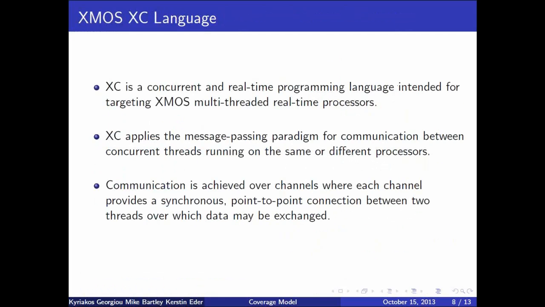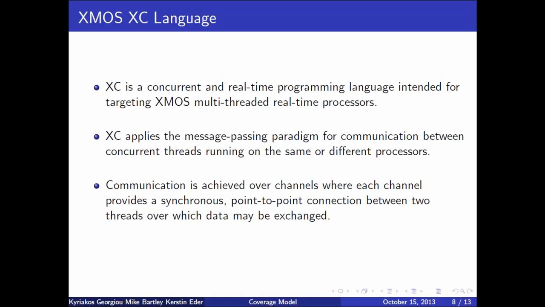Now regarding our case study, we use the XMOS XC language, which is a concurrent real-time language intended for the XMOS multi-threaded architecture. XC applies a message passing paradigm for communication between threads on the same core or on different cores.